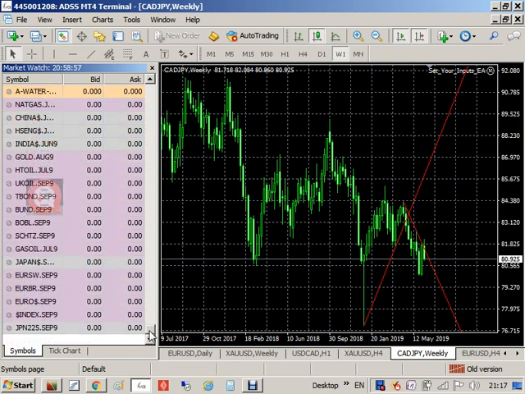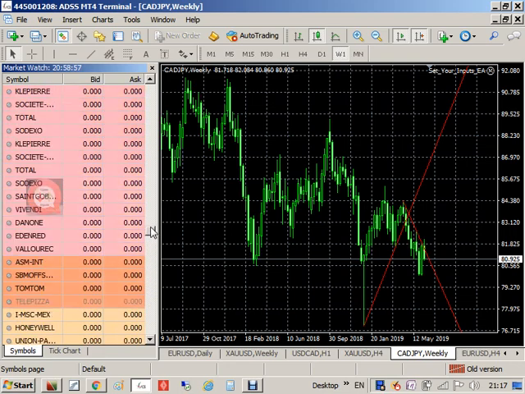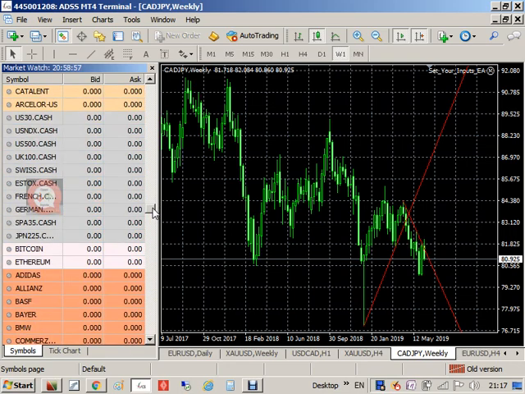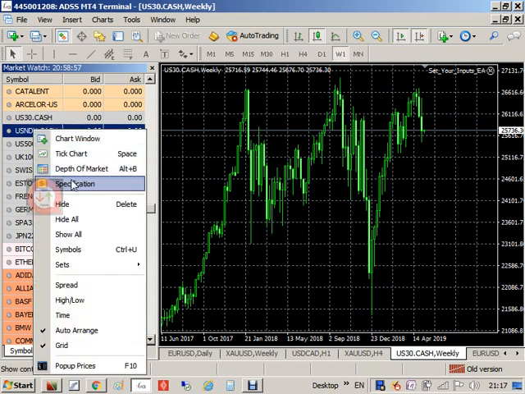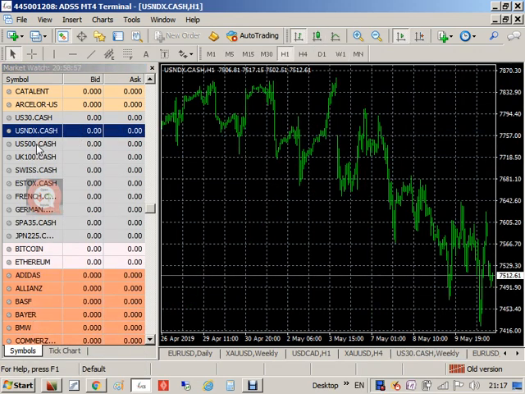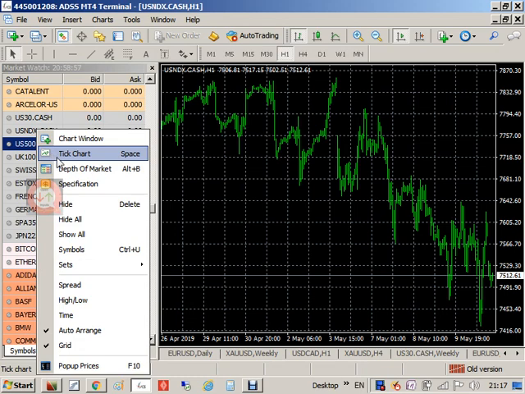So if we go to the Nasdaq, Dow Jones, where is it? Yeah, here the Dow Jones cash. We put it here. This is the weekly. It has also put the Nasdaq cash and the S&P 500.